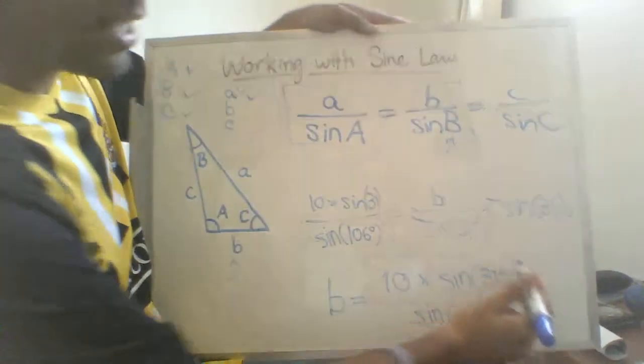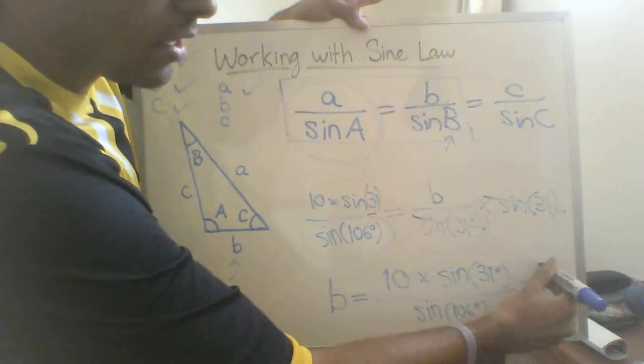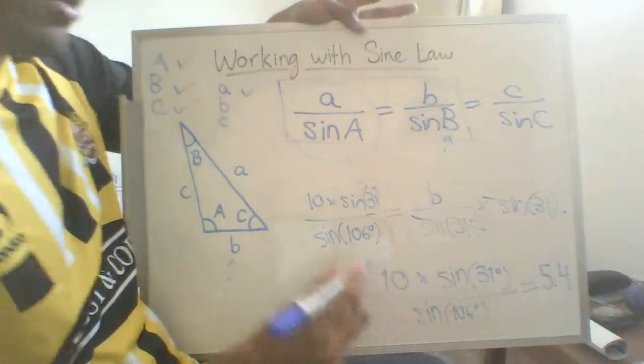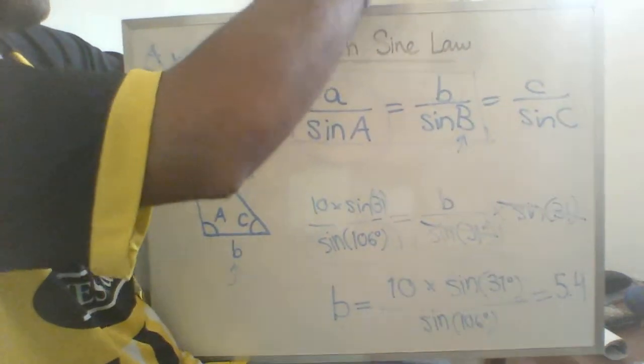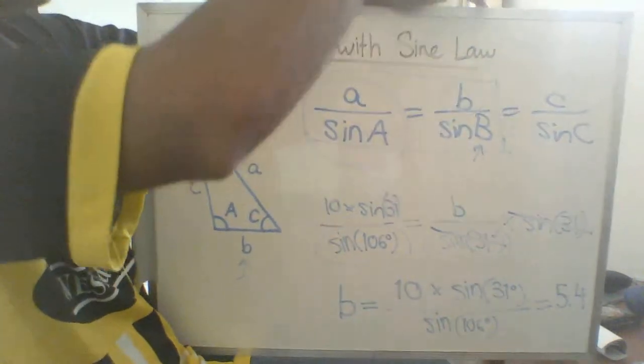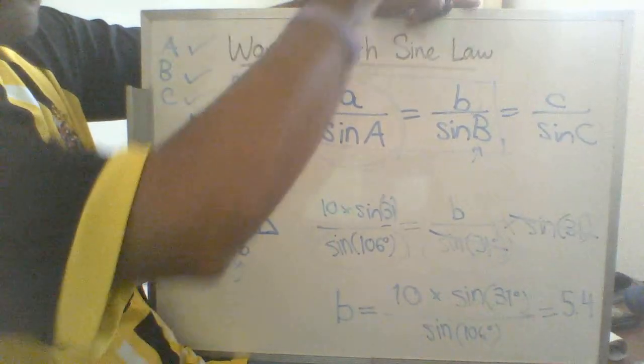And it should give you an answer that I believe comes out to approximately 5.4. Okay, 5.4 units, 5.4 centimeters in this case. So now we know side B is 5.4.